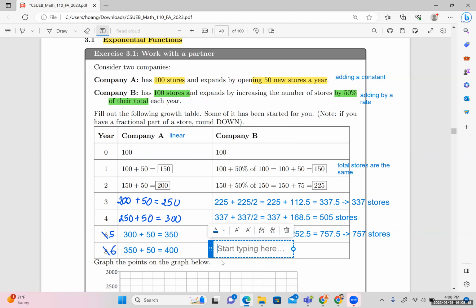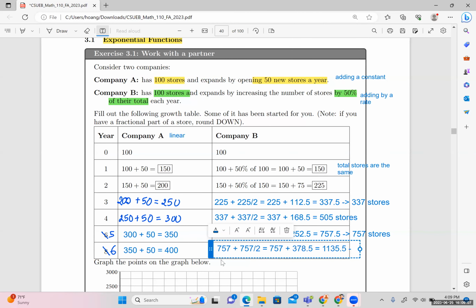And this will be 757 plus 757 divided by 2, which gives us 378.5. 757 plus 378.5 will give us 1135.5.